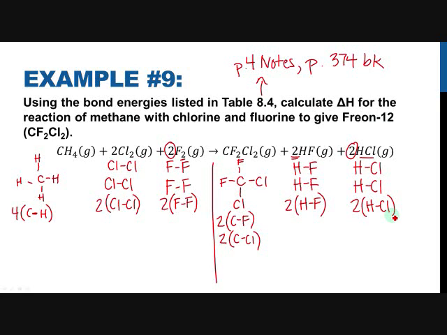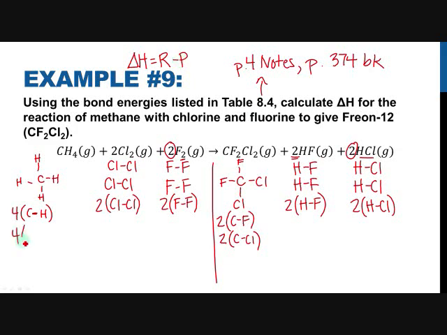Okay, and when we do it, remember that it is reactants minus products. So I'm going to find the total reactant value and find the total product value before I subtract at the end. Okay, so these numbers I found in the table on page 4, table 8.4. If you look up the CH bond, that is 413.